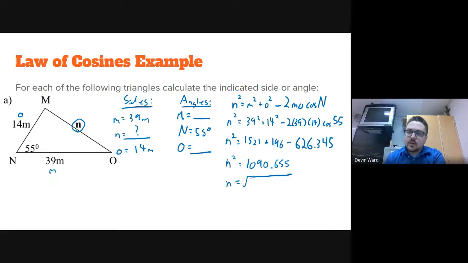So get rid of that, take the square root of this number, and we get n equals 33.0, you'll leave that 0, meters. Okay, and that's our final answer.